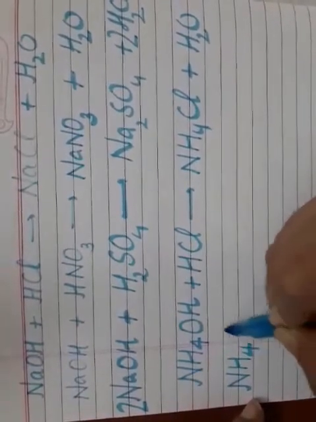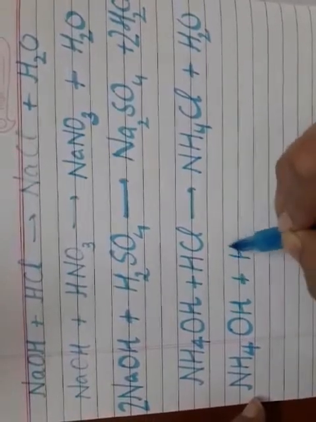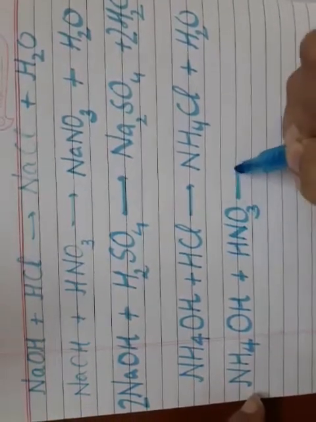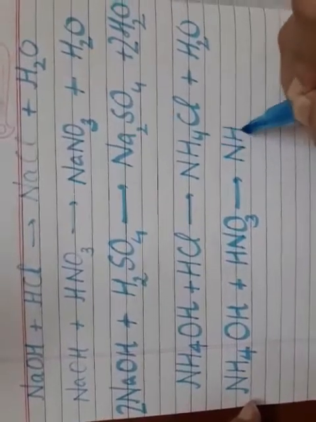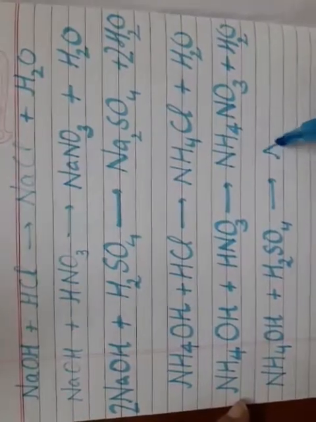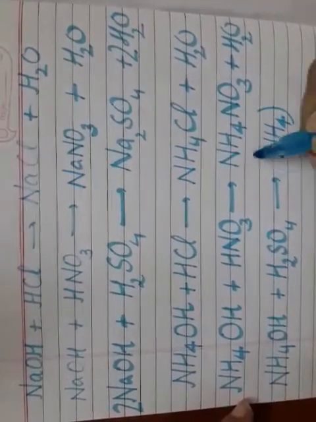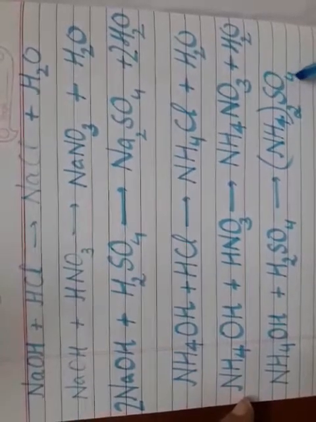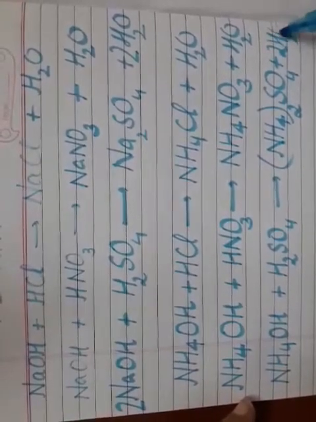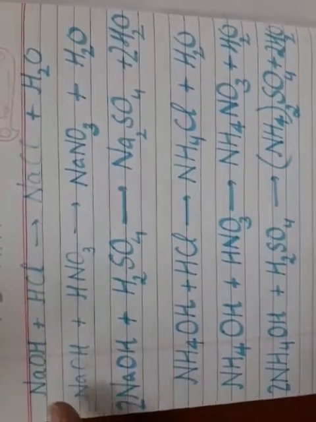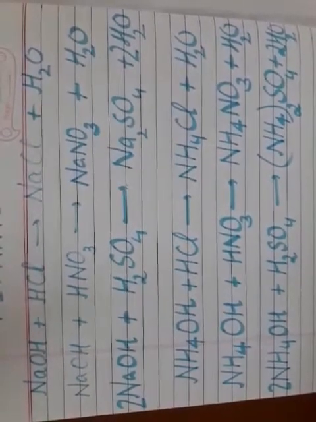NH4OH with HNO3 will give me NH4NO3 plus H2O, and you have NH4OH with sulfuric acid, which is H2SO4. You get (NH4)2SO4, go back to your symbols and valencies, plus H2O. Here again 2. So these 6 reactions I have written for you.